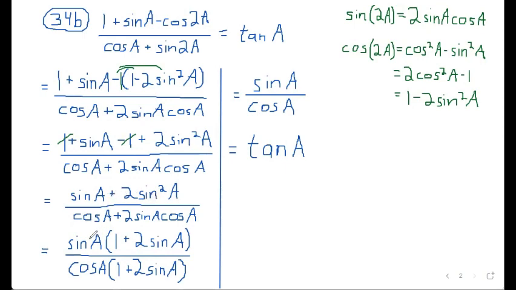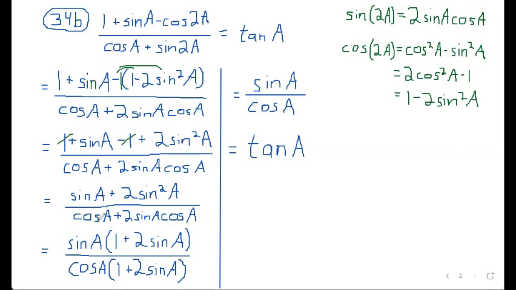We know that sine of A times 1 gets us back to sine of A, and sine of A times 2 sine of A gets us to 2 sine squared of A. So that means that we need to put 1 plus 2 sine squared of A. We can distribute the sine of A back into the parentheses to double check that we factored it correctly.